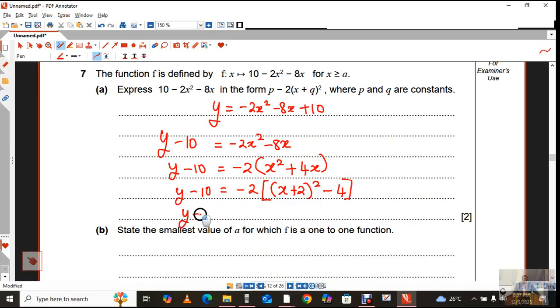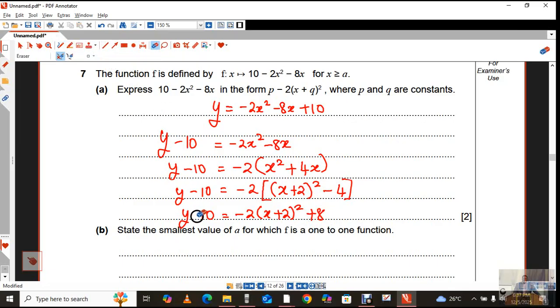So I'm now left with y minus 10 is equal to, multiply that negative 2 into both terms, it's minus 2, x plus 2 all squared, negative 2 times negative 4, that is positive 8. Now I'm going to bring back my minus 10. If I do that, I'm going to add it back.